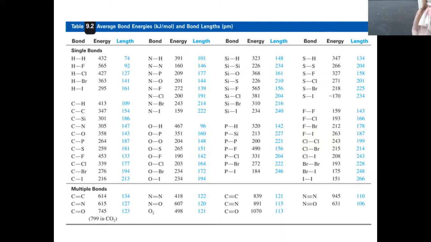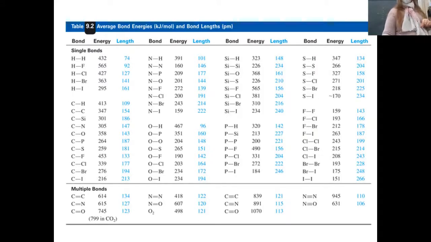So forming bonds releases energy, breaking bonds requires energy. This idea of ATP gets you confused because you're thinking, oh, breaking that bond releases energy. Breaking the bond doesn't release the energy. It's the act of forming new bonds that releases the energy.